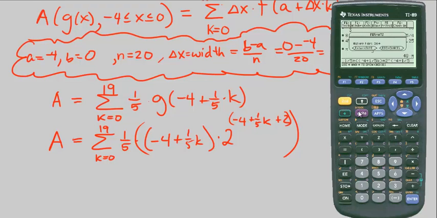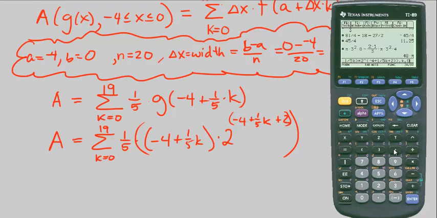Oops. Escape. What did I do? 1/5 k plus 2. Close the parentheses, close that parentheses. Comma, my variable is k, so alpha k. Comma, my starting index is 0, my stopping is 19.